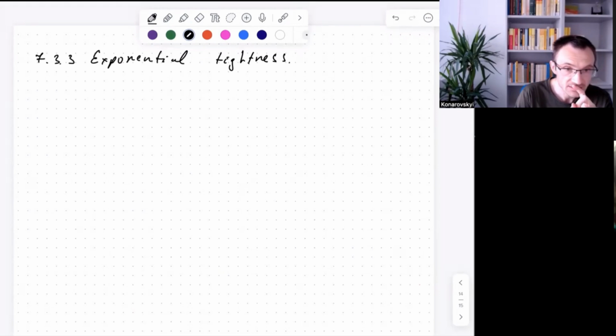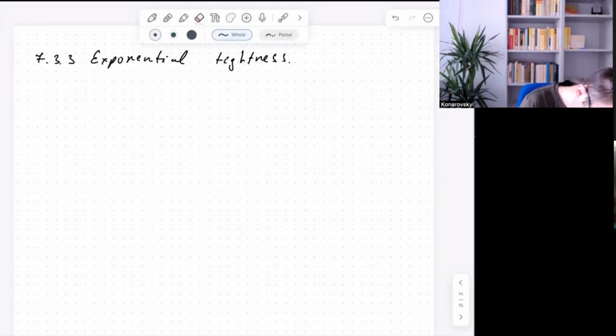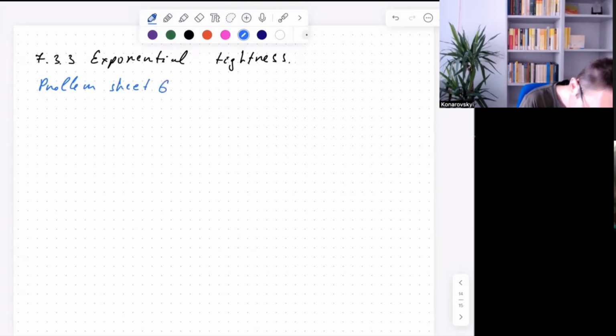It's in the homework, number 6, I think. Yeah, it was problem sheet 6 and the exercise number 2.